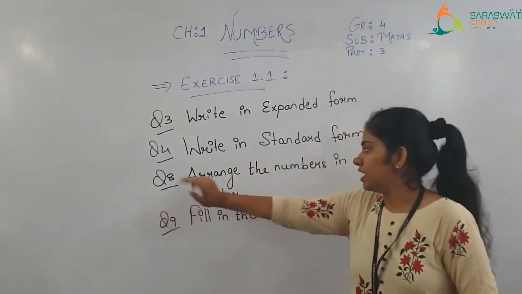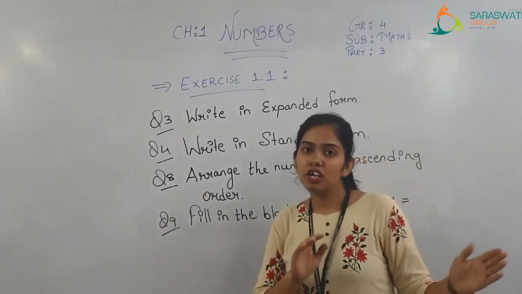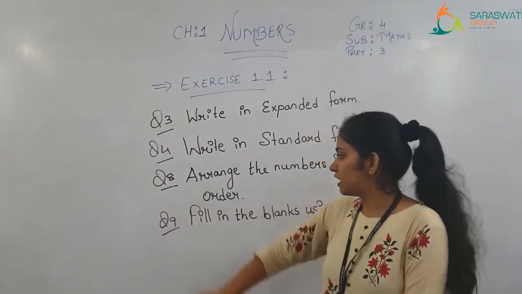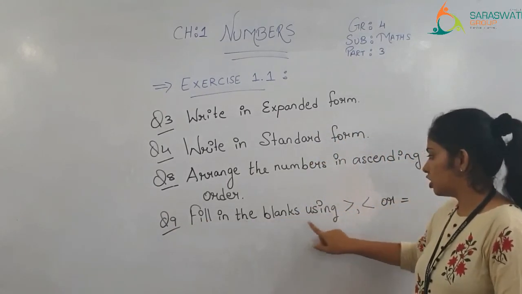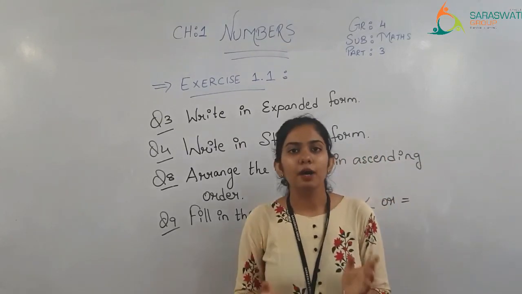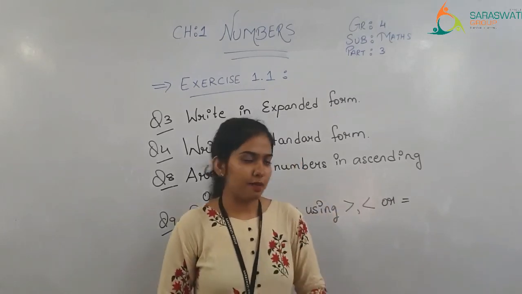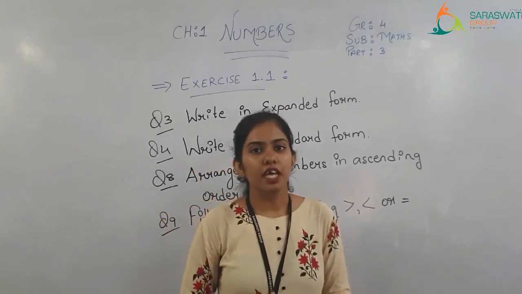Now question number 8, arrange the numbers in ascending order, means you have to arrange the numbers from the smaller to the greater number. And then last, question number 9, that is fill in the blanks using greater than, lower than or equal to. By comparison, using the steps which I have taught you, you will come to know which value is greater, lower or equal to.